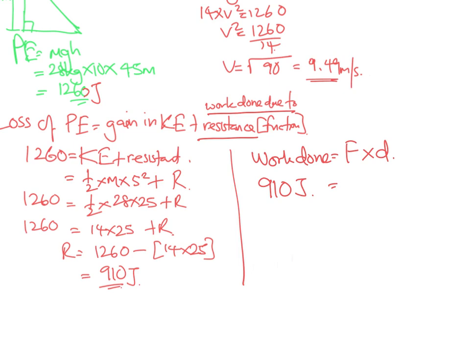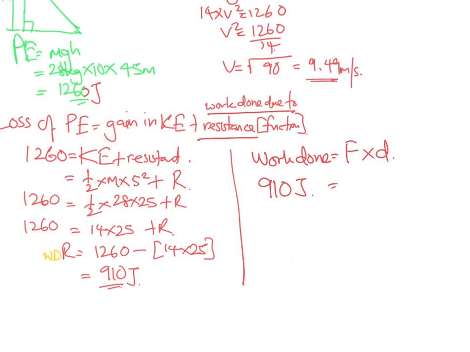I'll change this to WD. So WDR equals 1260 minus 910 joules, so the work done due to resistance is 910.